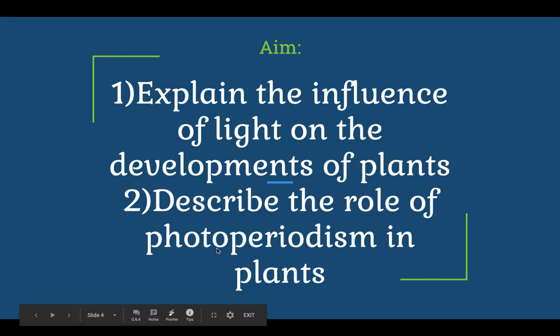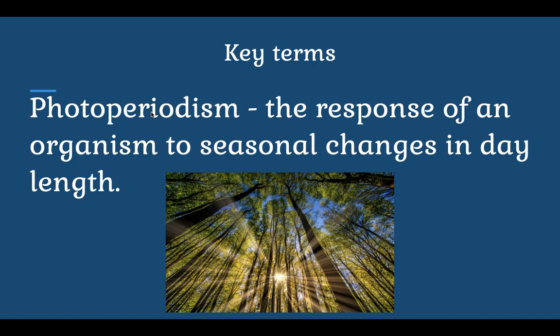The daylight length and the night length is very important. Okay. Key terms. Photoperiodism is the response of an organism to seasonal change in day length. For example, we have different day lengths. In the summer, we have, let's say, 14, 16, or 18 hours of daylight, and in winter, maybe 10 or 8 hours of day length.